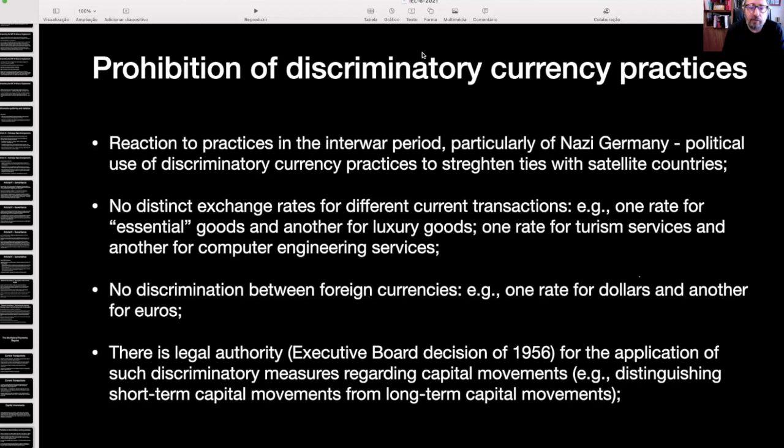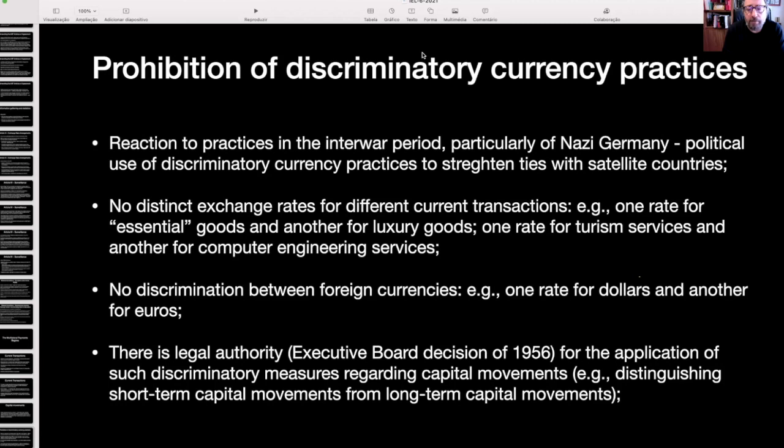Say, you have a higher exchange rate, so one that limits imports for, say, luxury goods, and then you have a lower exchange rate for essential goods, or one for tourism and one for other types of services. It also means that you cannot discriminate between foreign currencies. So have one rate between your currency, say the Brazilian real versus the dollar, and then a different exchange rate for real versus euro.